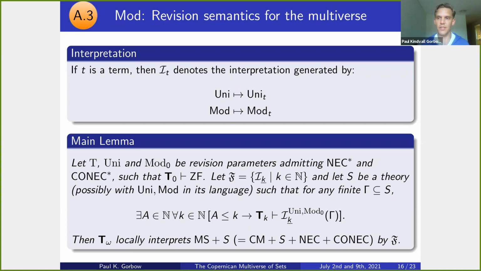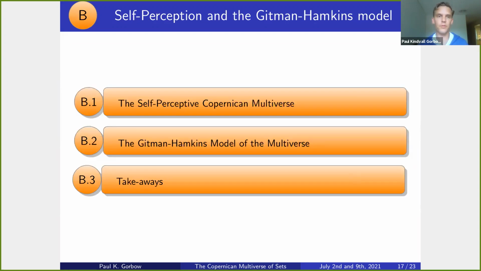It generalizes the usual defined satisfaction relation. And so in the second part of the talk, I'm going to talk about one particular axiom that we call self-perception and its connection to the Gitman model of the multiverse.